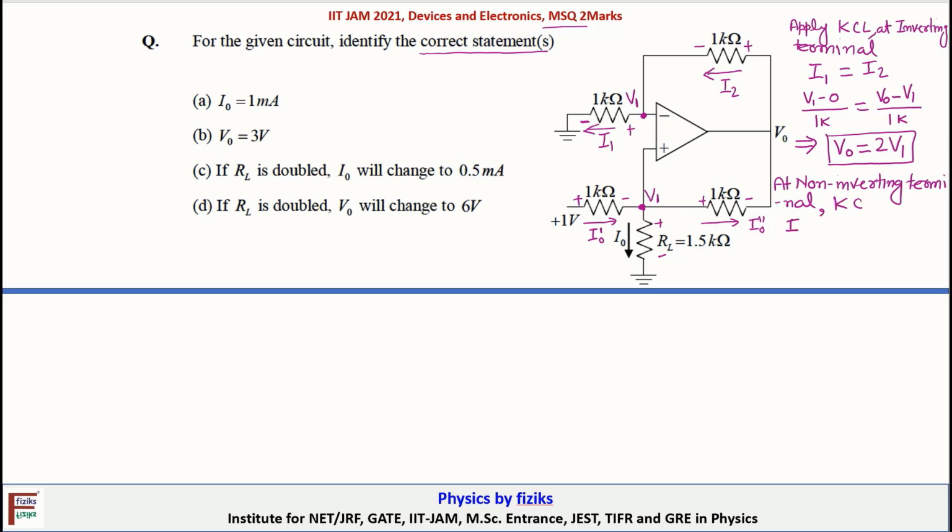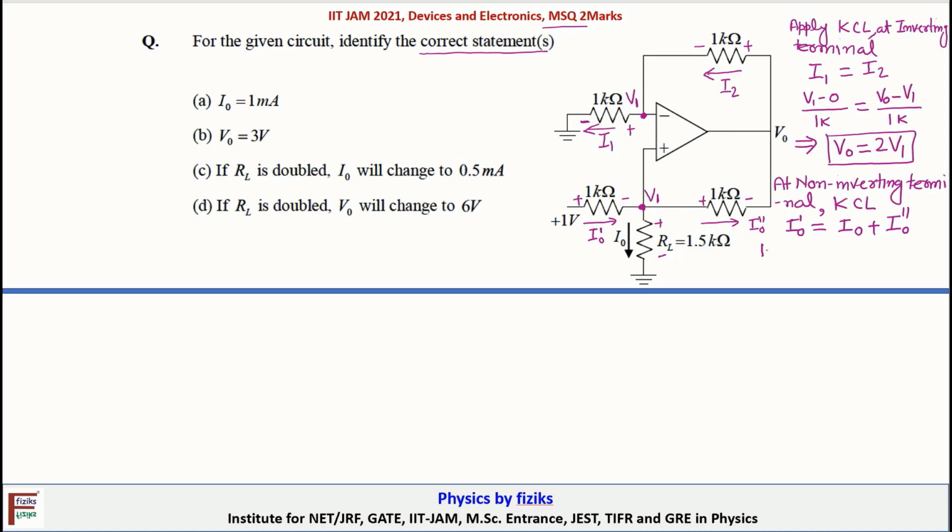You will get IO dash is IO plus IO double dash.